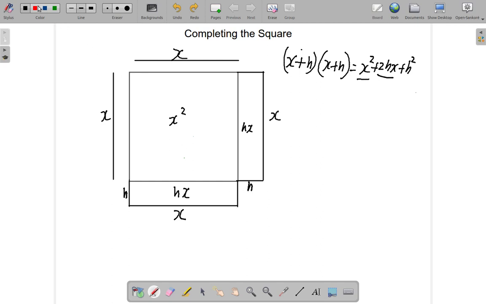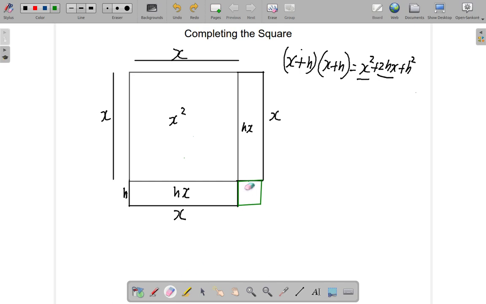Here now, let me use a different color for my new square. What I add is a small square here to fill in the empty space. I want to get rid of this little h that is here.